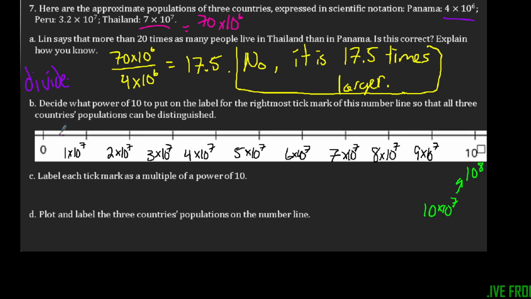So if that's halfway, let's do right here and label that Panama. Then for Peru, let's do orange. That's at 3.2 times 10 to the 7th power, so we're going to be just to the right of 3 times 10 to the 7th power, and we can label that as Peru. And for Thailand, let's do pink, and 7 times 10 to the 7th power is a tick mark right here. So we can say that's going to be Thailand.